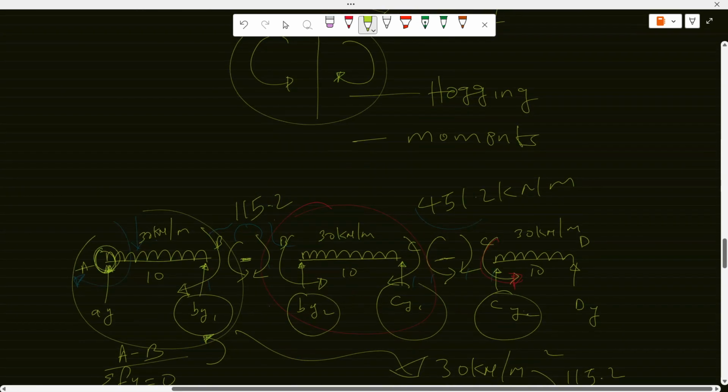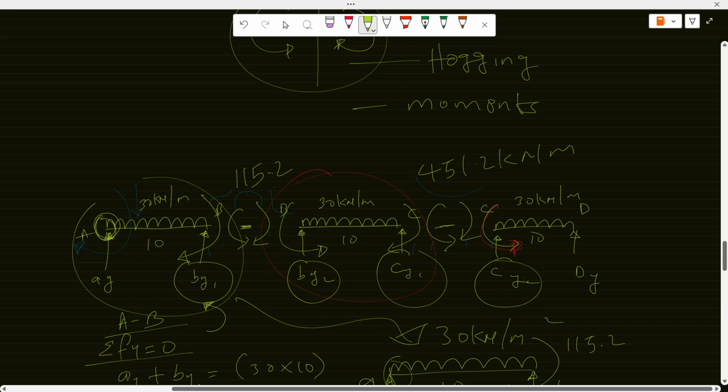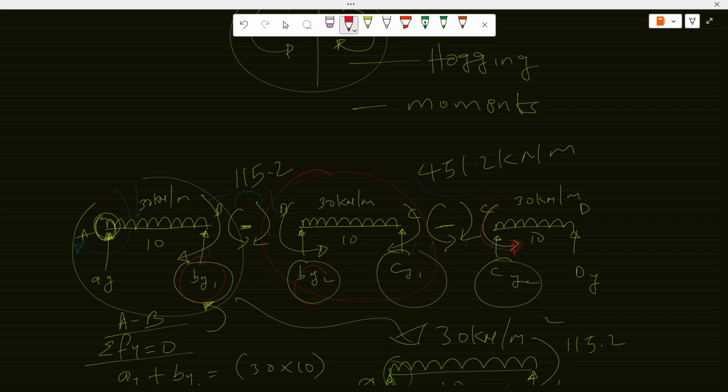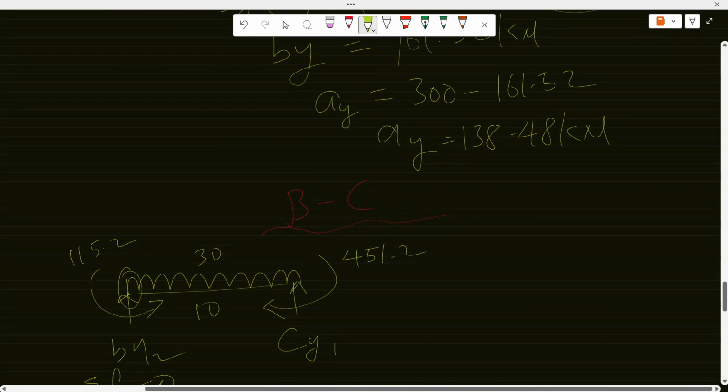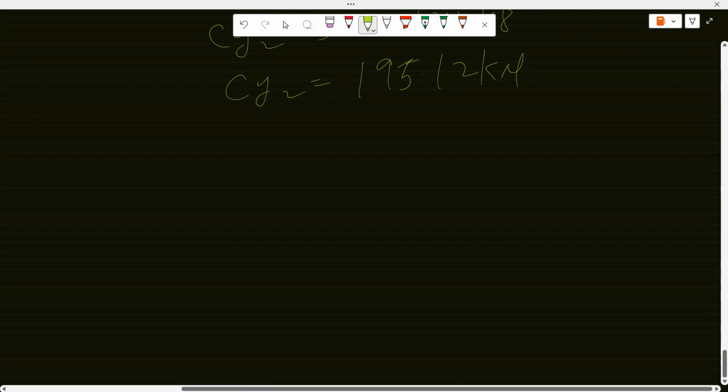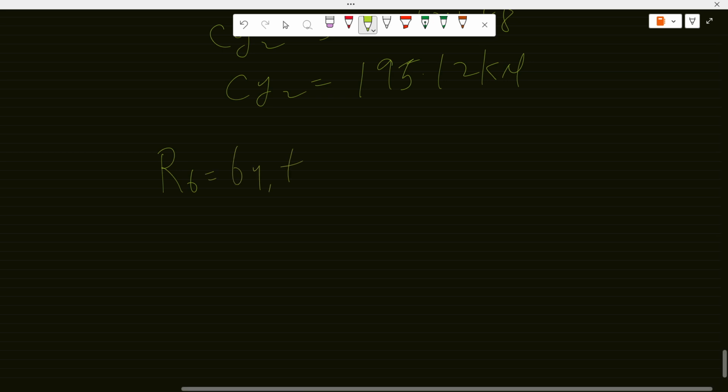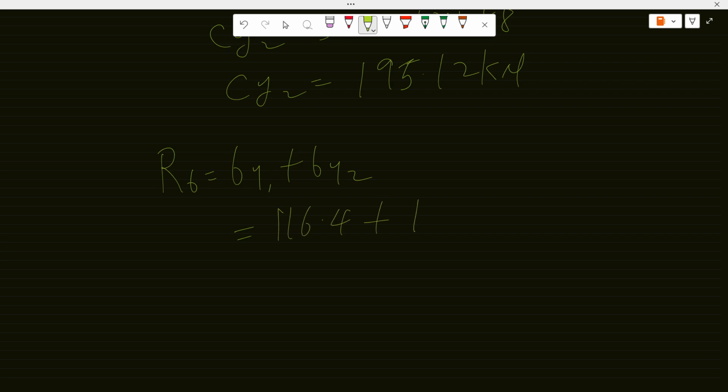But remember, I said that RB is equal to BY1 plus BY2. And similarly, RC is equal to CY1 plus CY2. So RB is BY1 plus BY2, which is equal to 116.4 plus 161.52, which is equal to 277.92 kilonewtons.